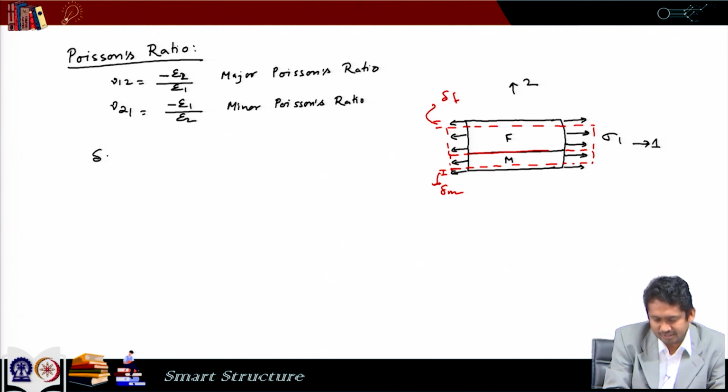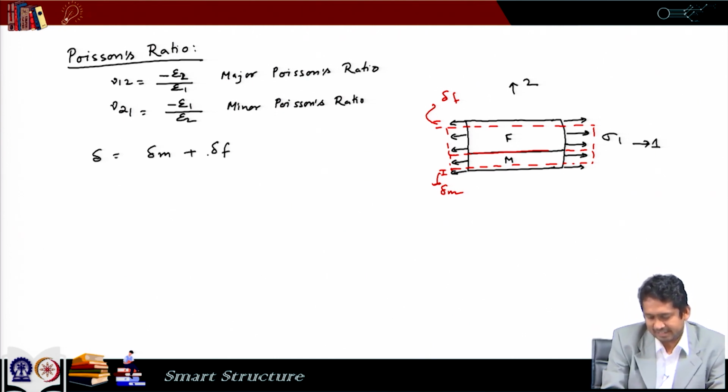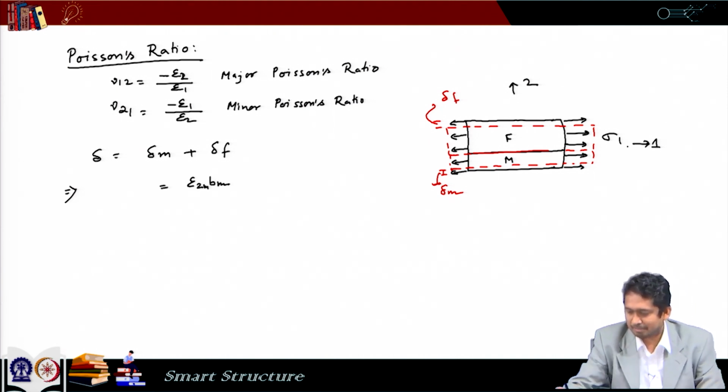Again we can write delta is equal to delta m plus delta f, and delta m is equal to epsilon 2 of the matrix multiplied by Bm.